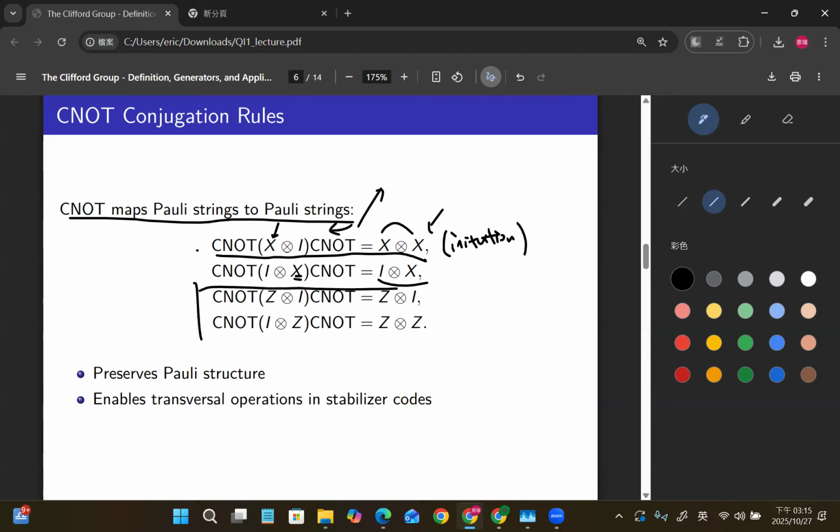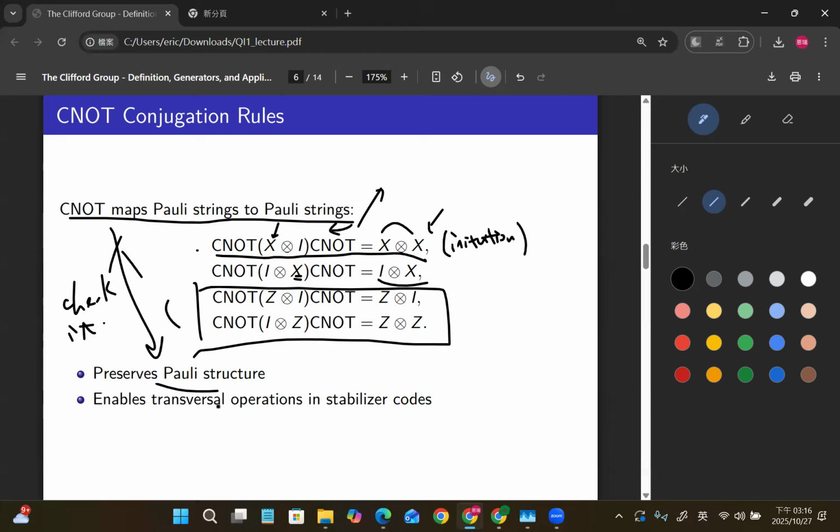Okay, more non-trivial are these two. If you apply Z and apply CNOT, you get the same thing at the first. But if you flip the second bit and you apply CNOT, you get Z tensor Z. I suggest that you check by yourself. So this tells you that this CNOT preserves the Pauli structure.